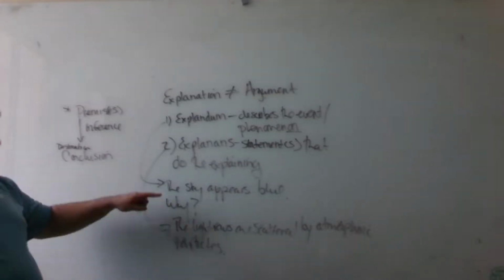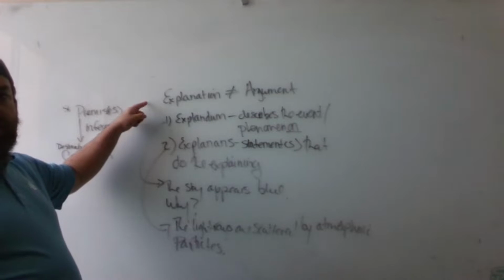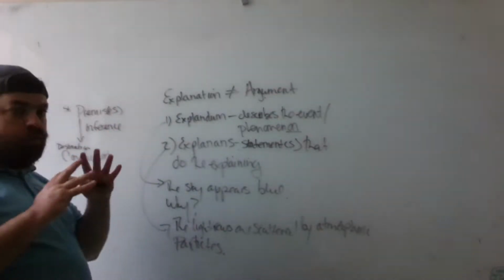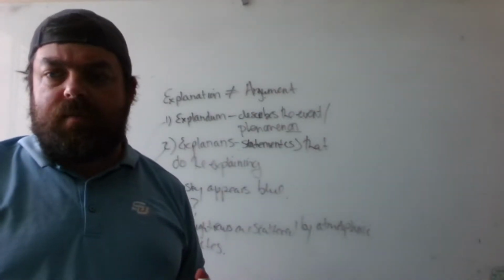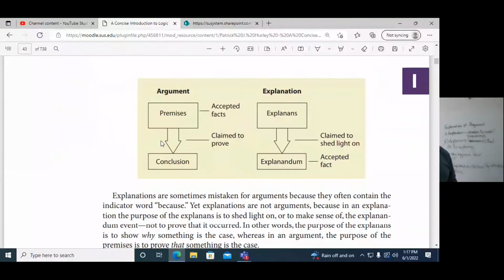So you might actually encounter this, and let's also take a look at the infographic inside the textbook now to ground this distinction. Let me go back to the book. Take a look here at this infographic. An argument takes accepted facts and then says that those facts support a conclusion.